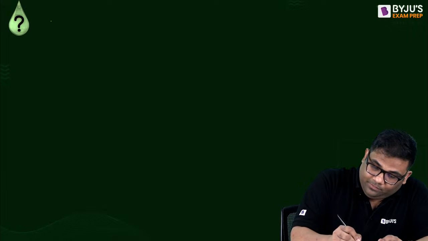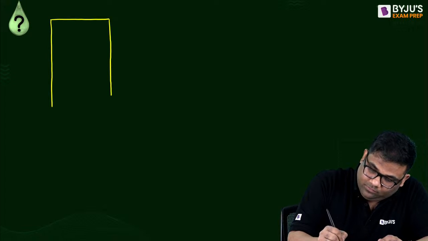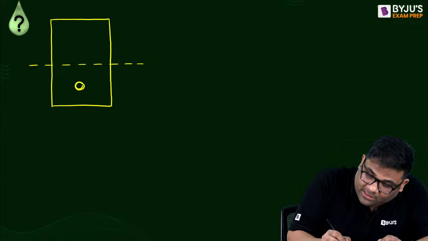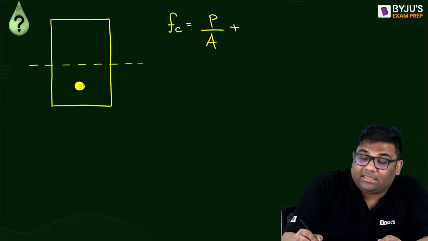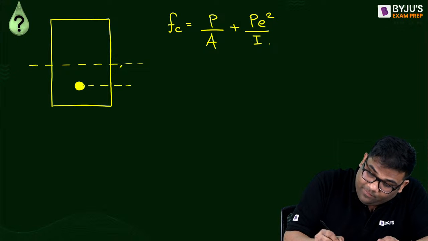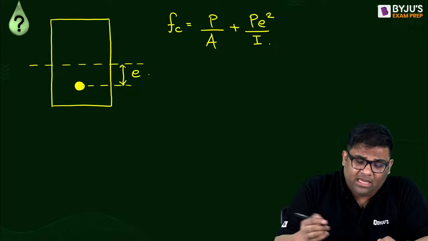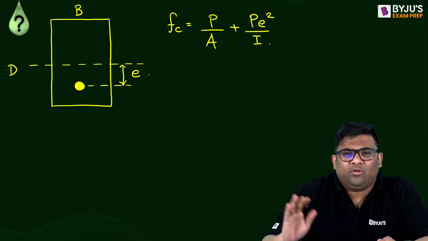So what have we studied till now? You see, this is a beam, and here pre-tensioning is happening. How did you find the FC? You found it as P by A plus P squared by I. What is E in this? This was your eccentricity E, and A and I were the area and I of the concrete section. You know how to find that: area will be B into D and I will be BD cube by 12, and prestressing force also we know how to find out.